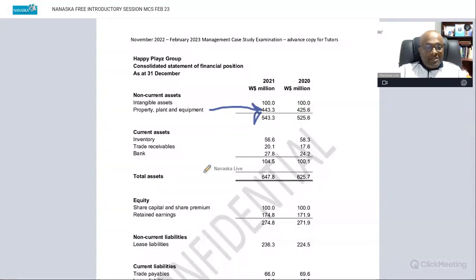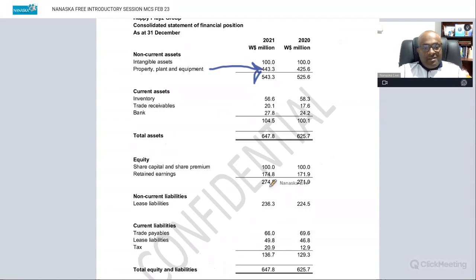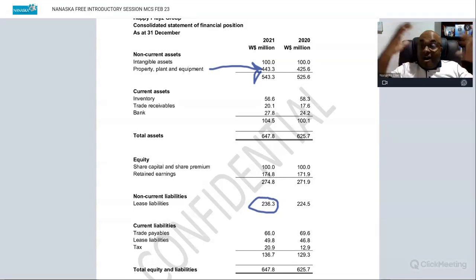There's a large lease liability. Wow. In non-current liabilities, there's only a lease liability available. It's a very large amount of lease, right?